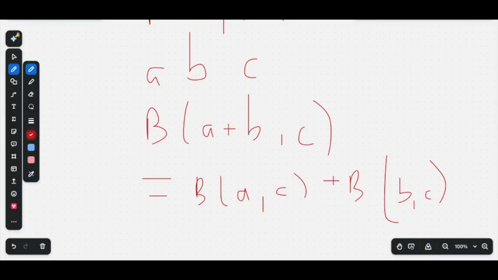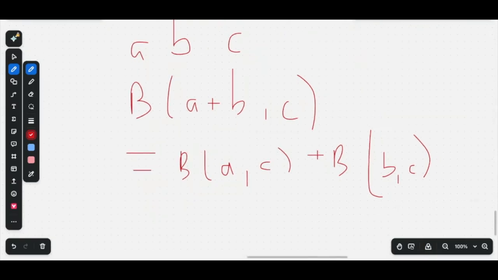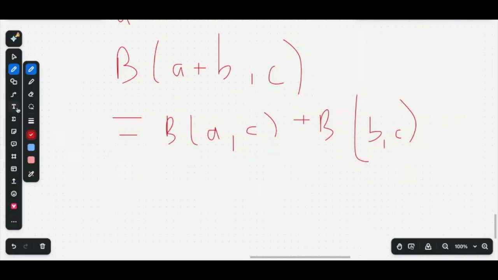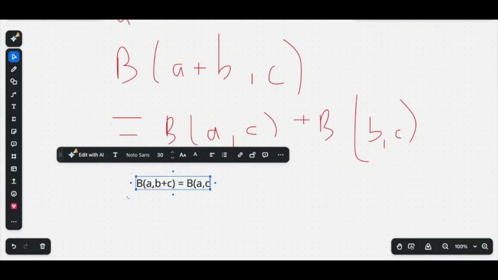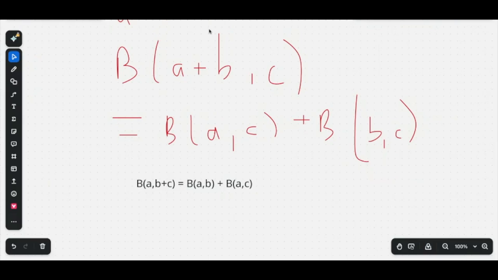And the same thing goes for this one, which I will type out: B of A comma B plus C is equal to B(A, B) plus B(A, C). Yeah, that is pretty much it.